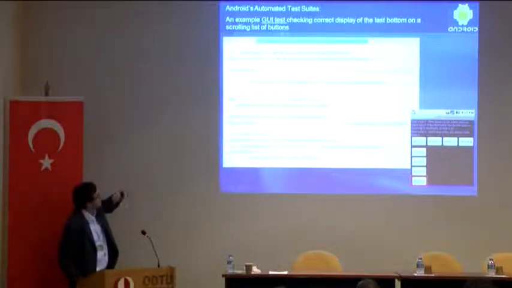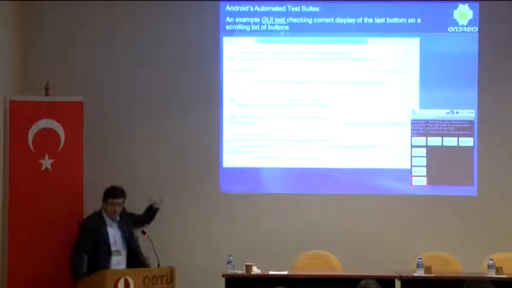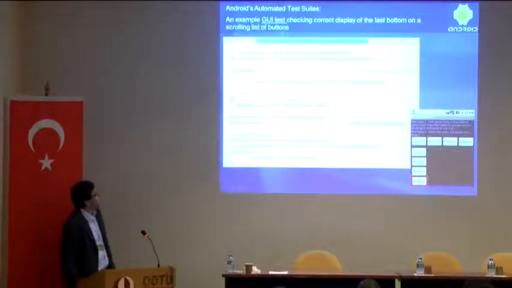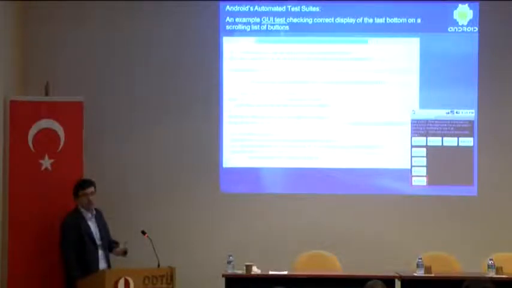Then, depending on the number of groups that you have on your UI, you're sending the down pad key event, and it just tries to go down, etc. You're waiting for the synchronization because the UI takes some time to synchronize. If not, then the test may fail, so you have to make them synchronized.